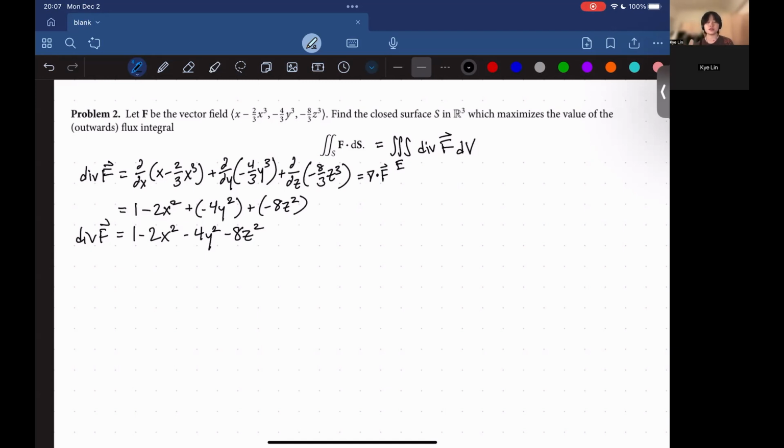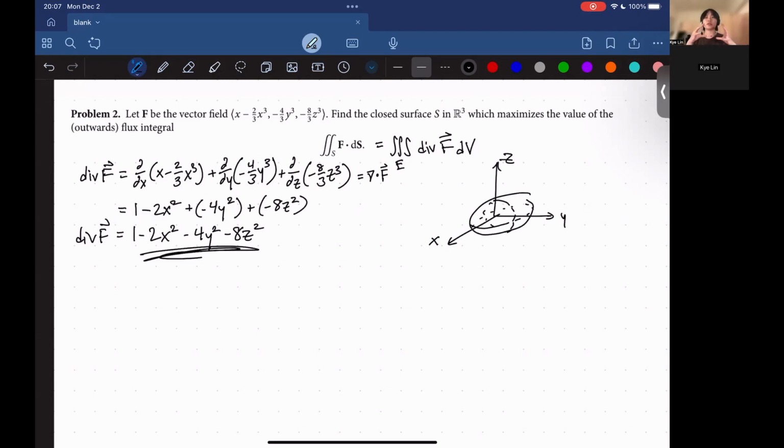The divergence of F is a function, so we can draw our xyz axes, and we see that the divergence of F has the form of an ellipsoid. It's going to look something like this, where there are ellipses all over.